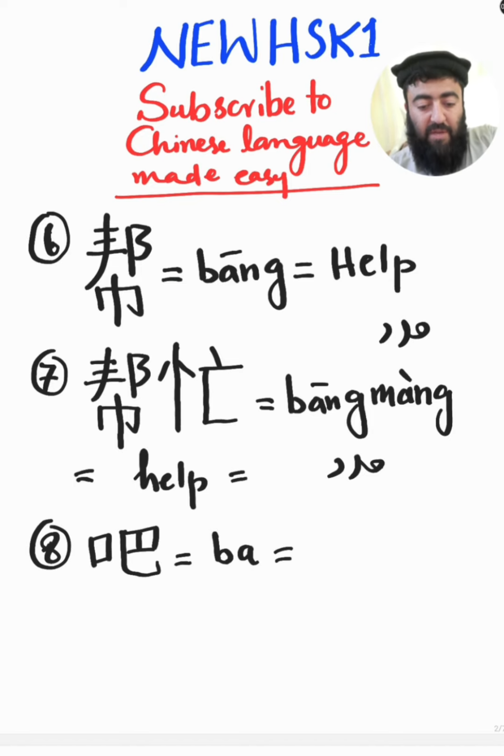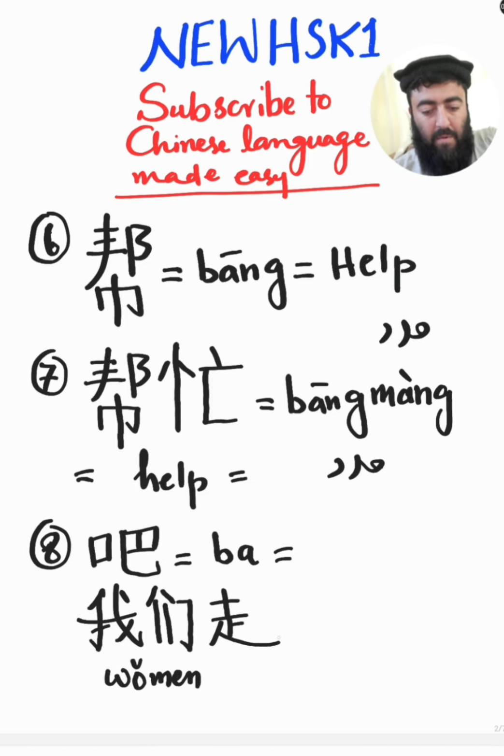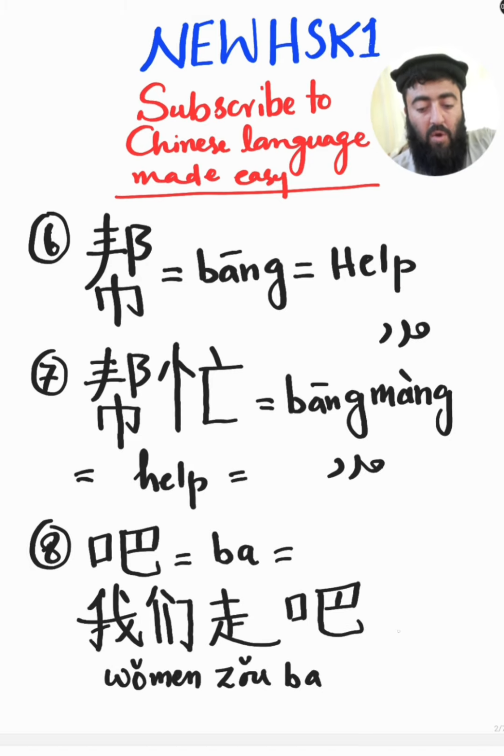Like I'll just write a sentence for you and use it in that so you can understand what is the use of that. 我们走吧, let's go.